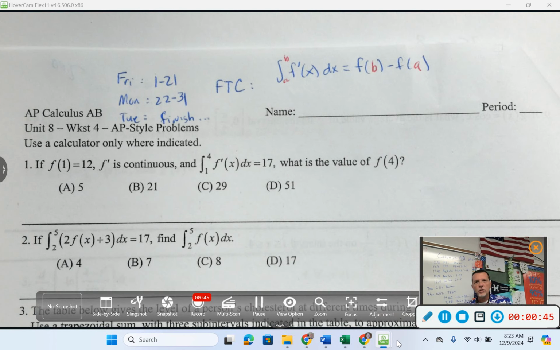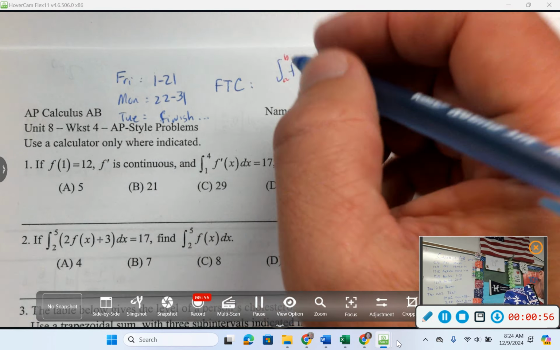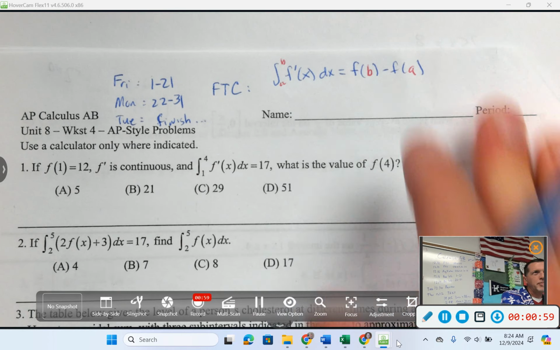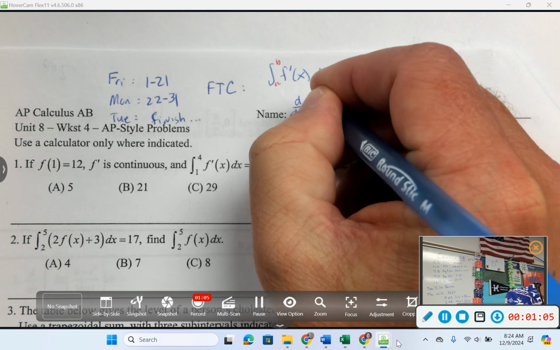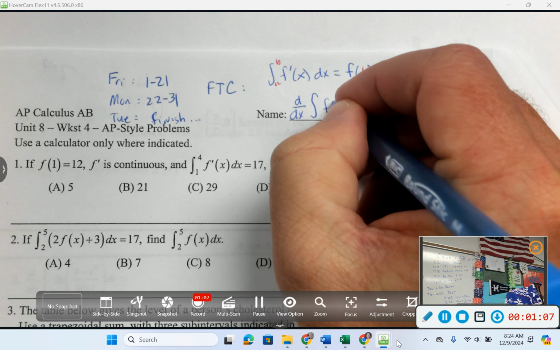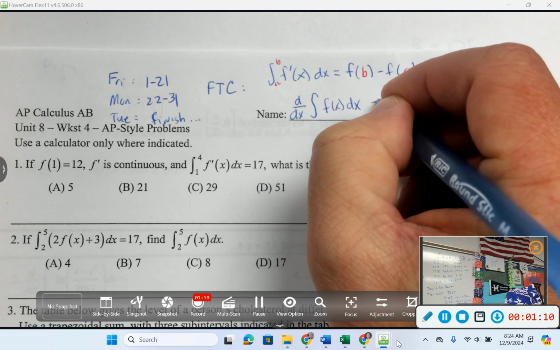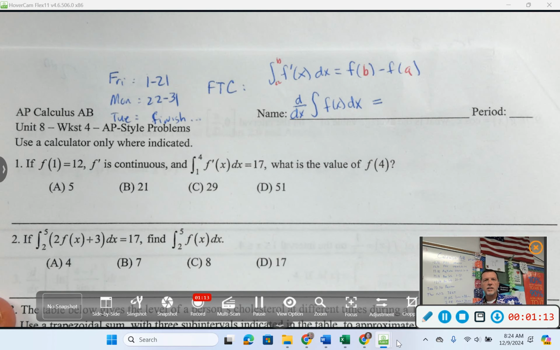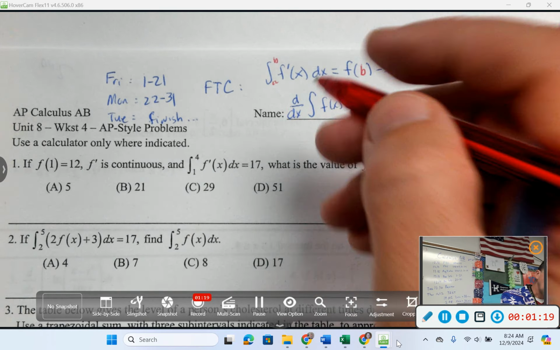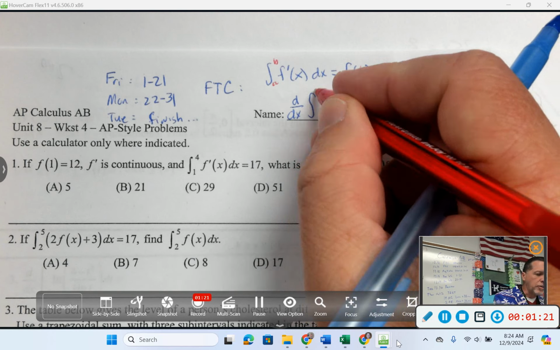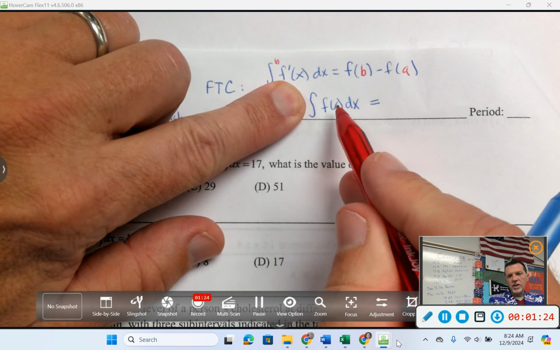That was the first formulation of the fundamental theorem of calculus. The antiderivative of the derivative gets you back to the original. The second version is that if we take the derivative of an integral of f of x dx, this one's a little bit trickier because we need to put some limits on there that aren't just numbers, because if they were just numbers, then all of that would just be a number and its derivative would be 0.